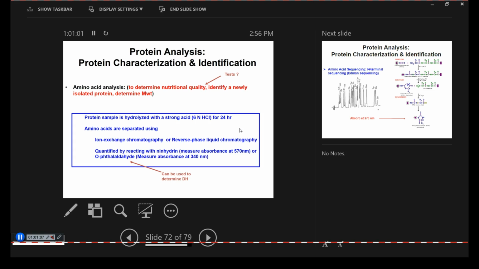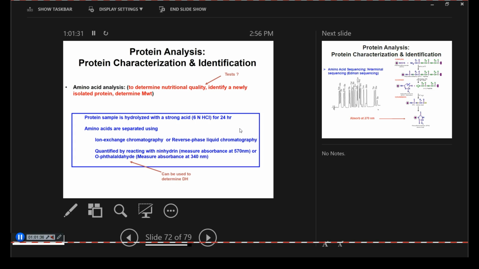Okay, how do we determine amino acid composition? So basically, the most common way is you hydrolyze your protein with a strong acid, 6 normal HCl for 24 hours with heat. You break all the peptide bonds, obviously, and then you measure the amino acid content by running it through chromatography, ion exchange chromatography, or reverse phase.